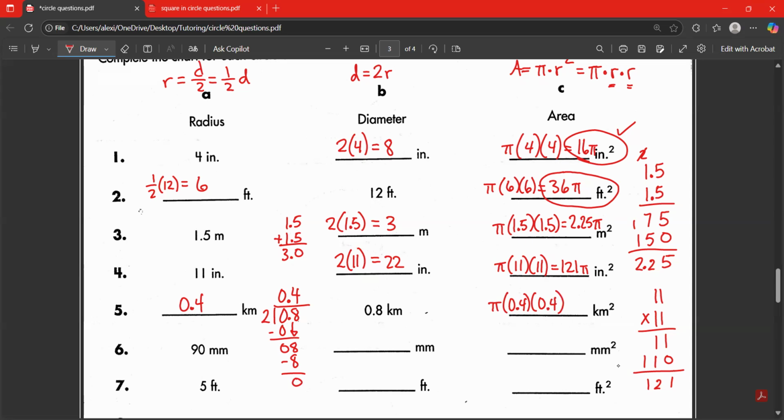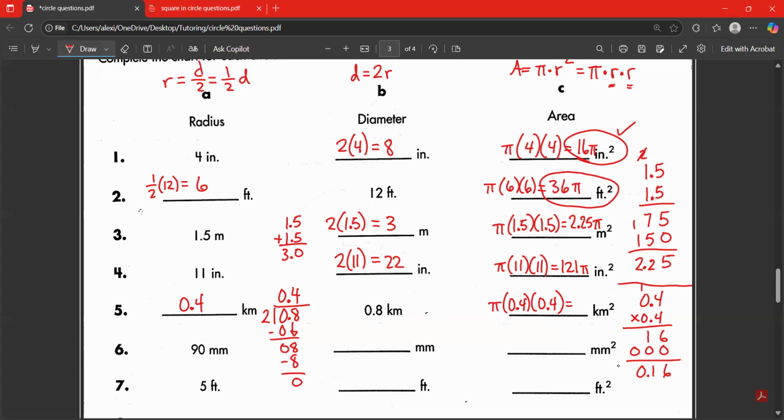So again, off to the side, we're going to do a little multiplication. And we get 0.16. So now we can finish it.